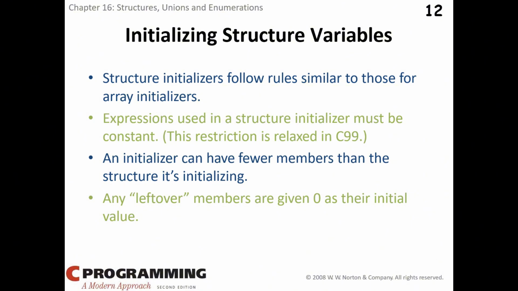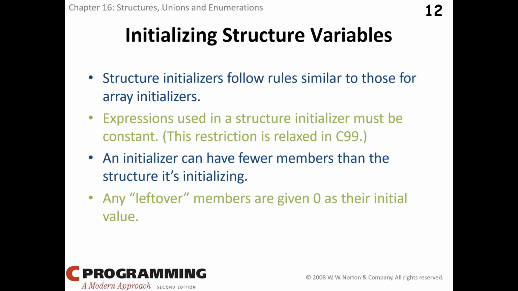When we are initializing a structure variable, we can provide fewer values in the initializer than there are members in the structure itself. In such cases, any leftover members in the structure will be automatically assigned a default initial value of 0.